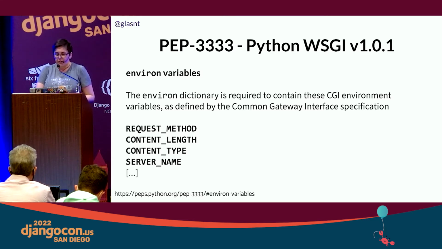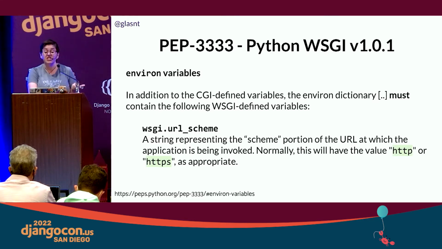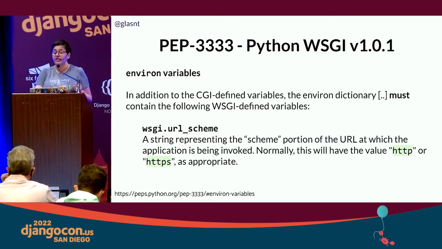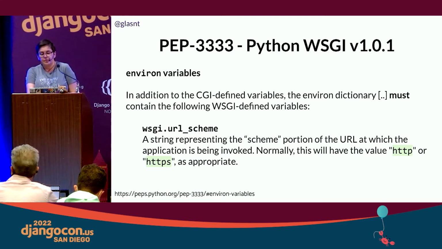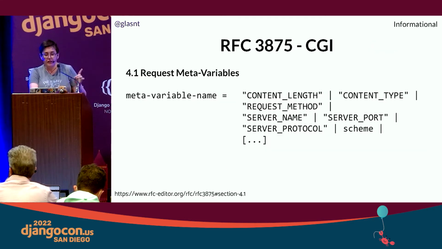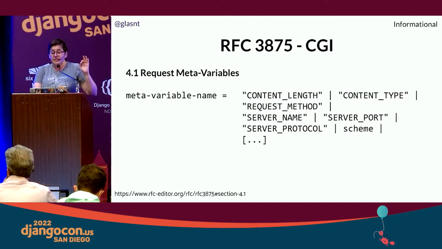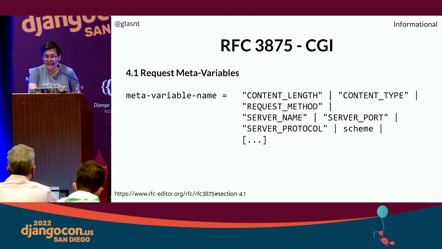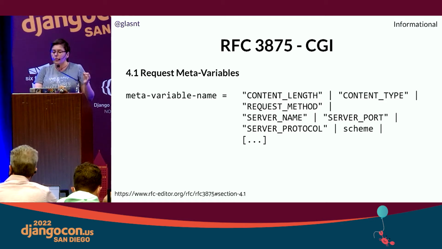Oh yes, there's another RFC. But also, in addition to the CGI-defined variables, the environ dictionary must contain the following WSGI-defined variables, including url_scheme, which must be http or https. That other RFC though, RFC 3875, defines a bunch of request metadata variables, including server name, which Django references as one of the options for determining the host name, but also references both the scheme and the server protocol.